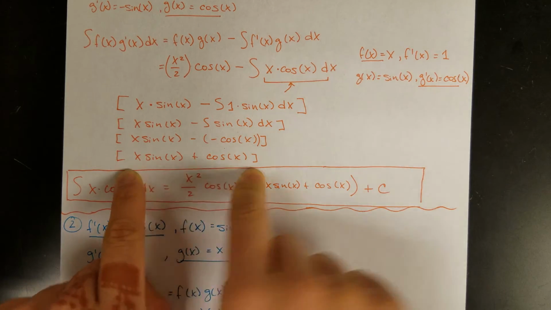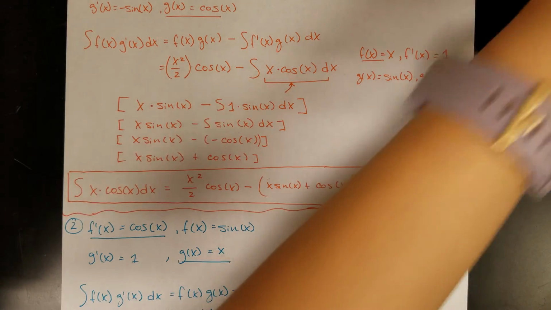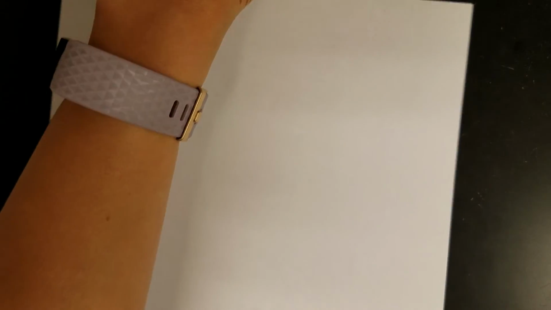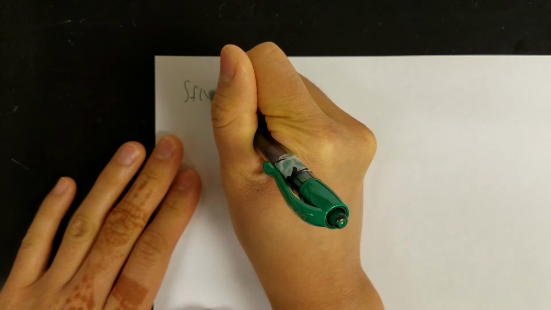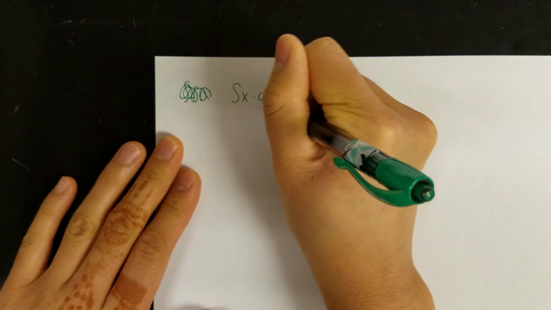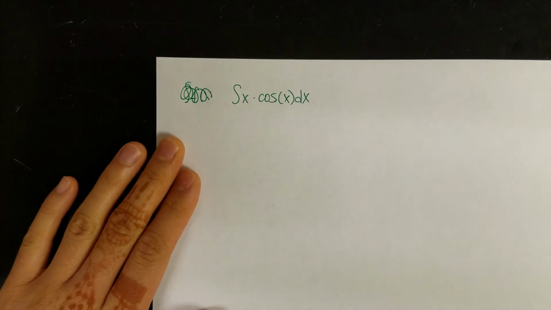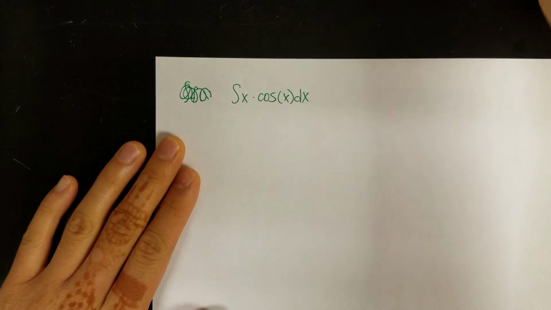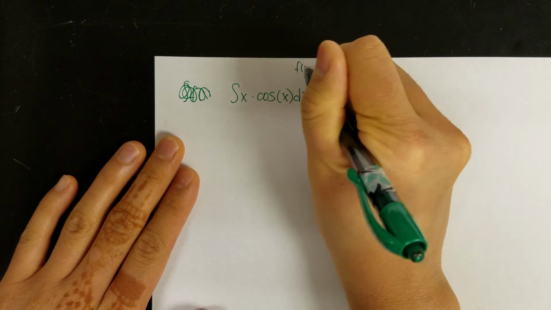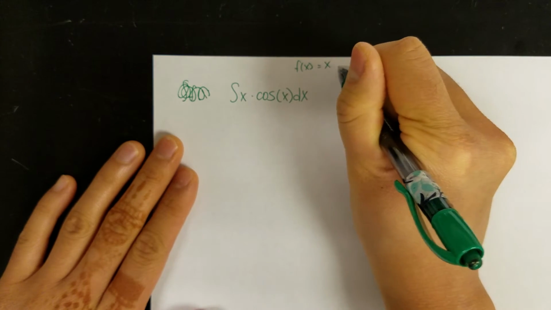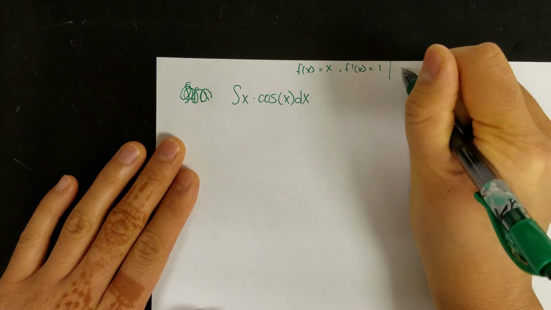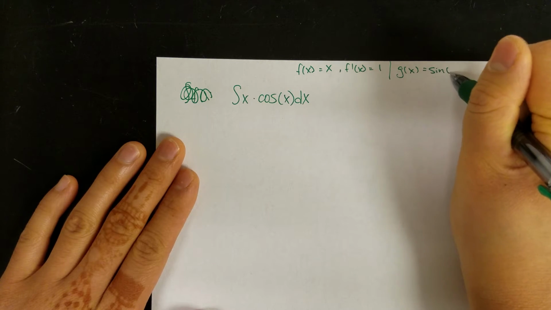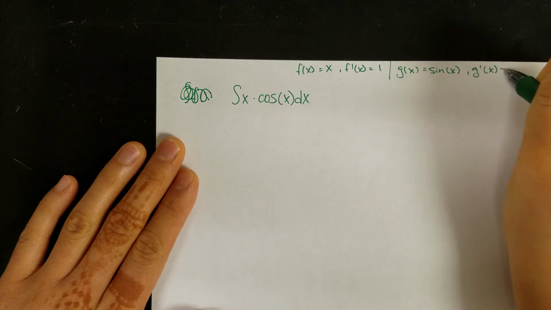In a way, I would say the most simple way to solve for this is to make f of x equal to x, which means f prime equals 1, and then g of x equals sine of x, and g prime of x equals cosine of x.